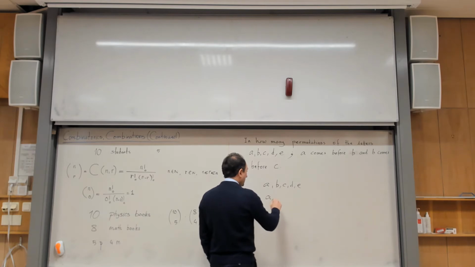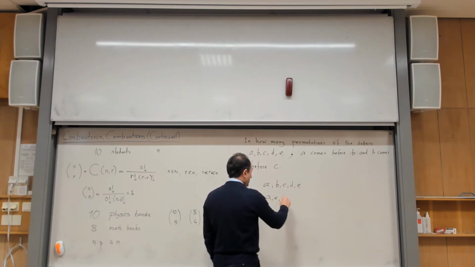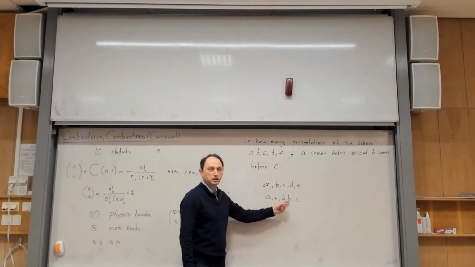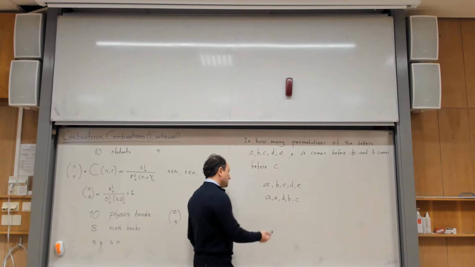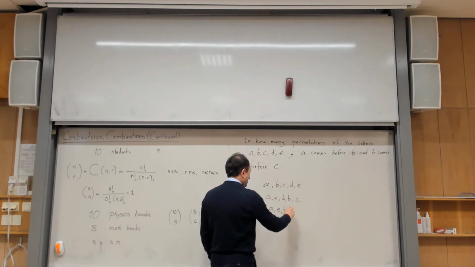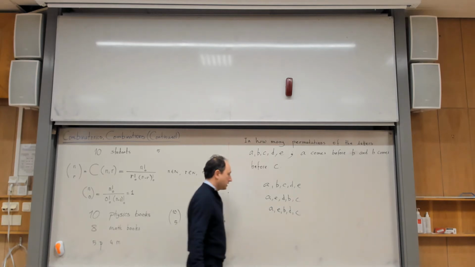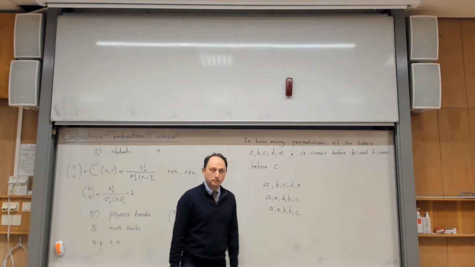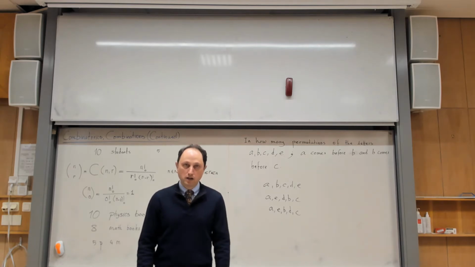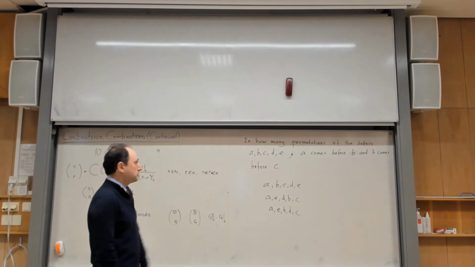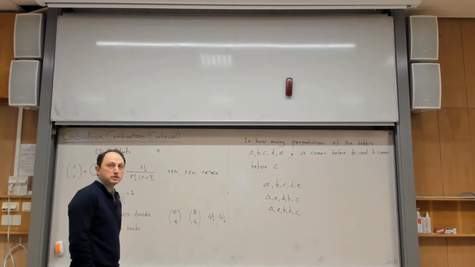But this is also acceptable: A, E, D, B, C. This is also acceptable, because A is before B, B is before C. And for example, A, E, B, D, C. That's also acceptable, because A is before B, B is before C. So I mean, in how many permutations does A come before B and B come before C?